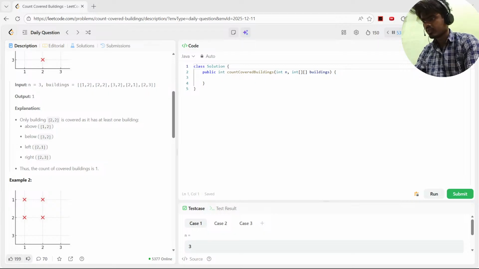Then our task is to count how many buildings are covered according to this definition.